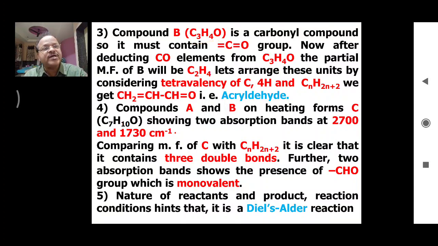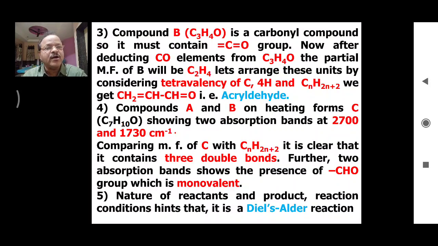We have kept aside this oxygen. From this molecular formula we have obtained the molecular formula C3H8. So this C3H4 is less by 4 hydrogens. So 4 hydrogens less means there must be presence of 2 double bonds.